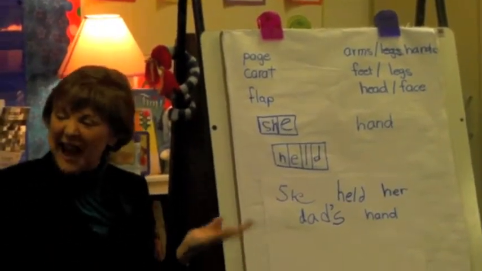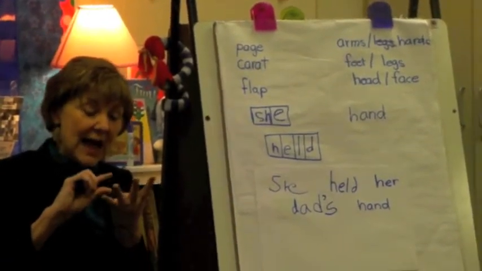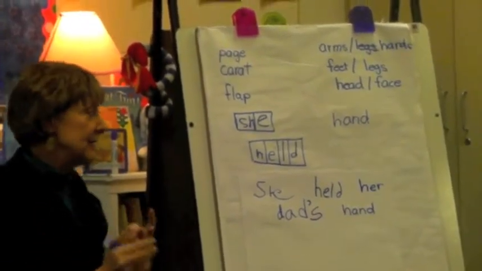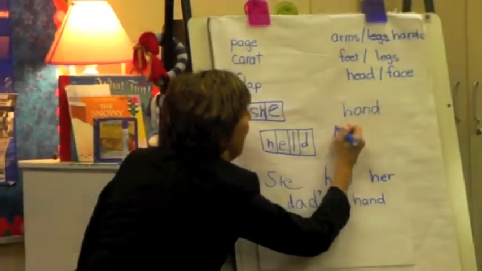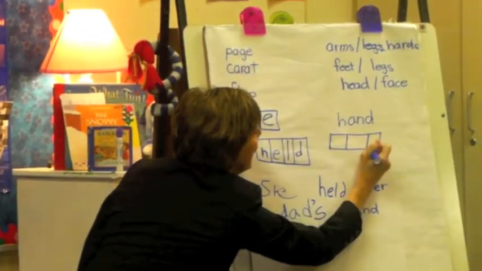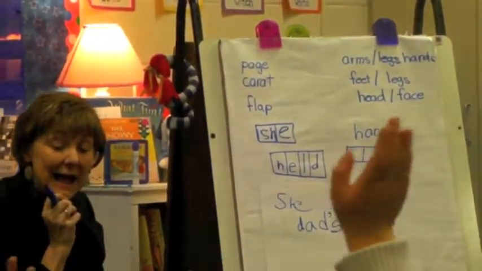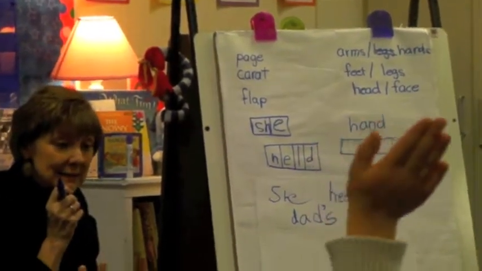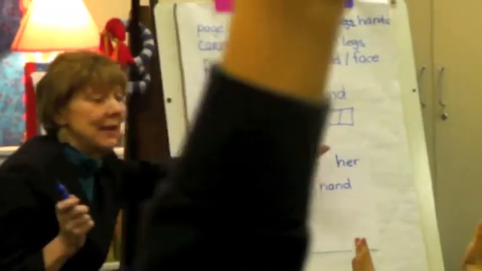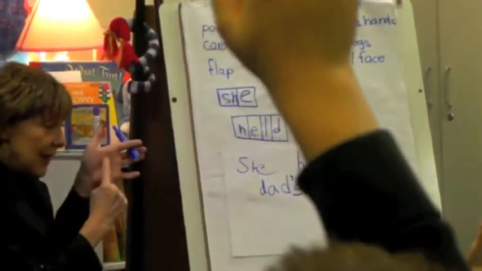Let's start out with tight. How many sounds do we hear? T. If you know the letter that would make the t sound at the beginning, will you write it on your hand?